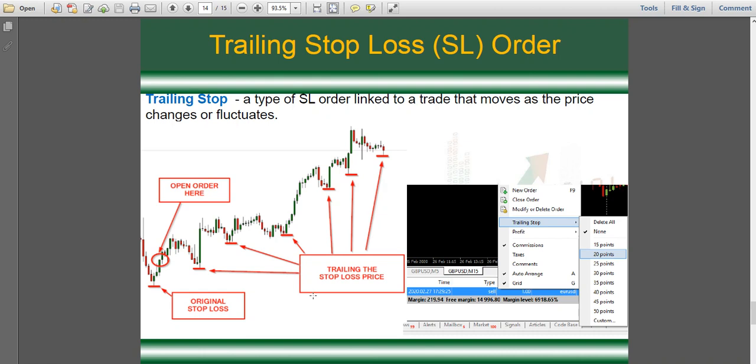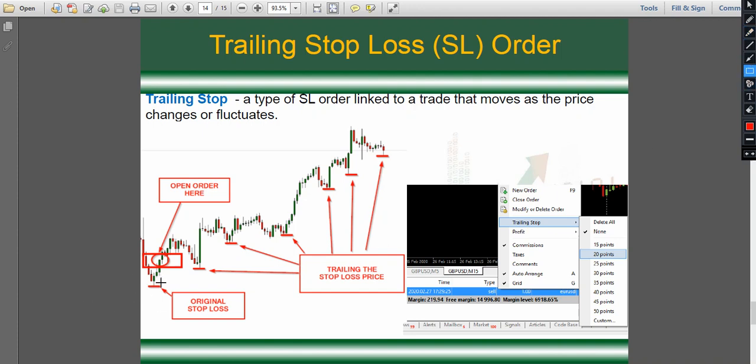Okay? Now, in that particular case, look at the chart we have here. This is a type of order associated with price that is changing or fluctuating. So let's say down here, you entered a trade somewhere. Your trade was entered where the circle is. And because it's a buy order, you are hoping that price will move up, but still price can go down.